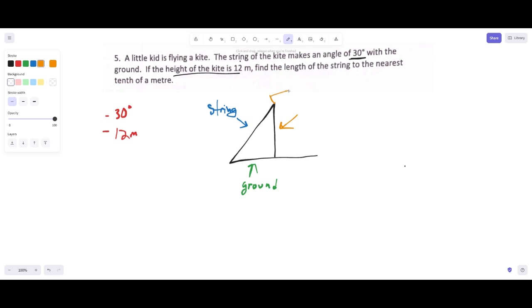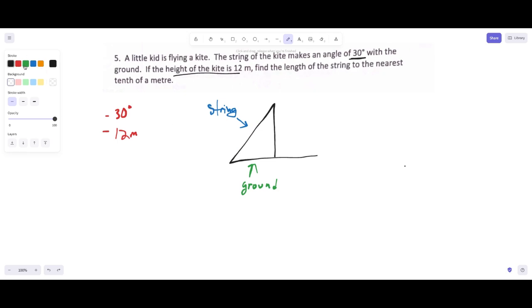I'll draw the kite, so that's your kite, and this is your string. So what would this length signify? That would signify the height, because it's showing us how high up the kite is based off of the ground or the surface level.